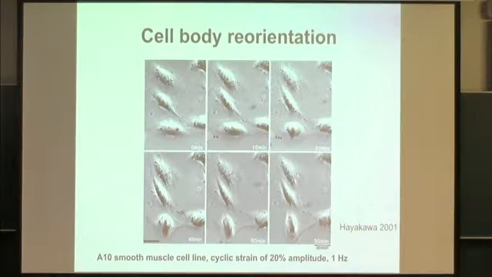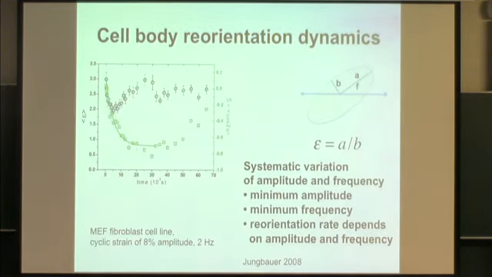Okay. What has been shown is that if you have cells more separated, the cell body realigns. You can also study the dynamics of this reorientation. That was done by the Schwarz group or by Kemkammer in Stuttgart.